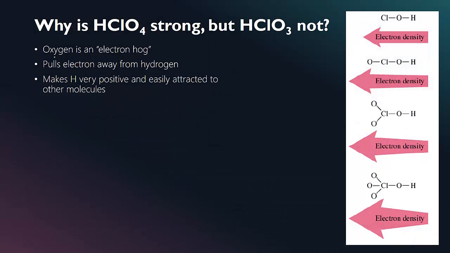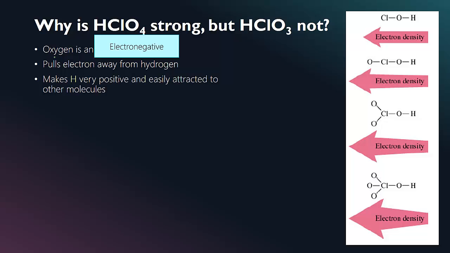The reason that they are strong deals with what they are paired with. Hydrogen does not have a very high electronegativity, so when paired with things that are very electronegative, electron hogs, those electronegativity values pull the electrons away from hydrogen, making it easily attracted to other molecules, specifically water.